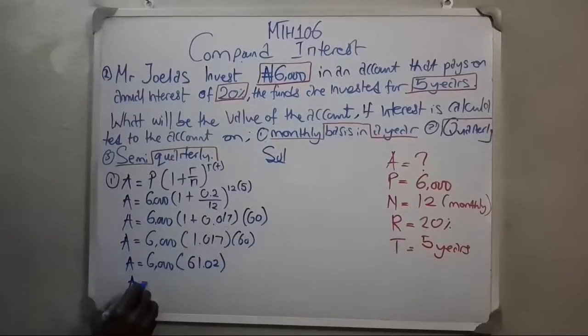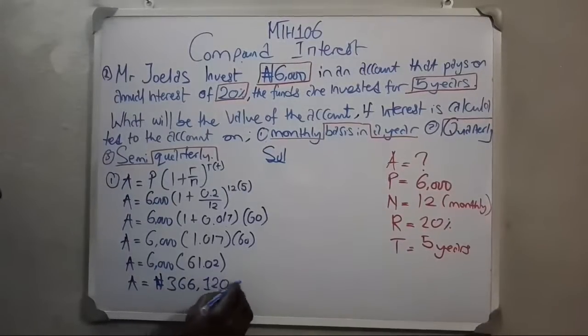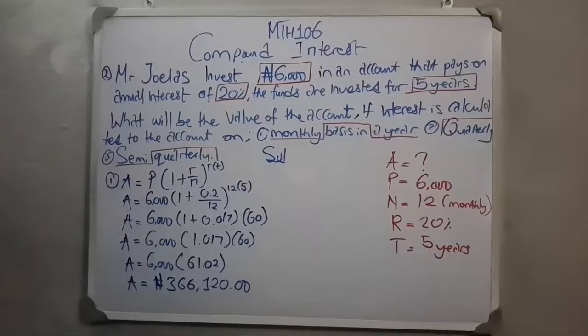Our final answer: A equals 6,000 multiplied by 61, so we have 366,120 naira. That is our A. So question 1 is solved.